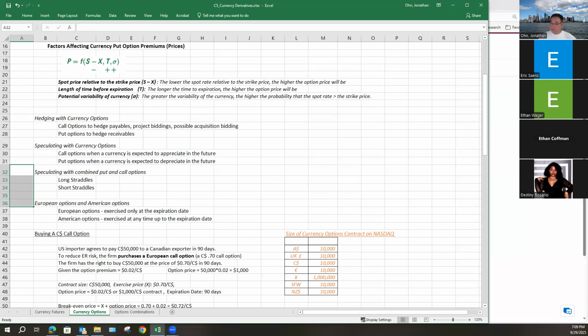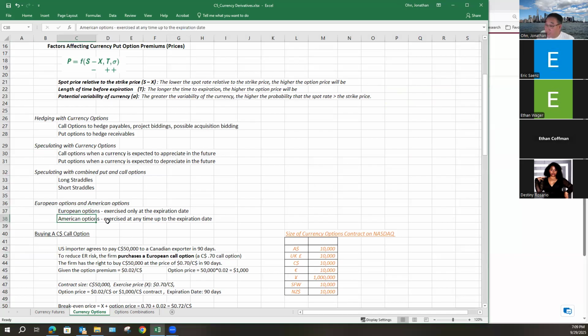All right, thank you. Now, a European option is exercised only at the expiration date. So you can exercise or settle your transactions only on the expiration date, right?